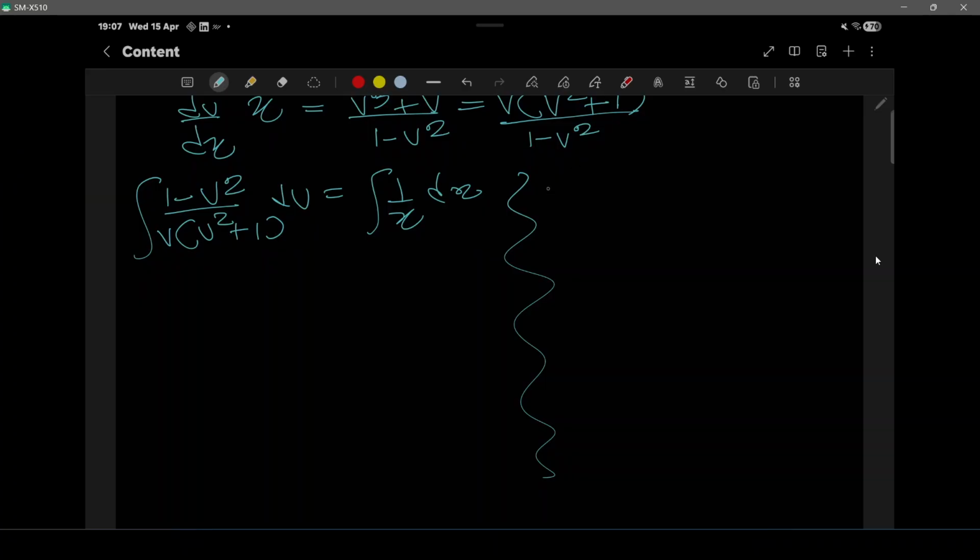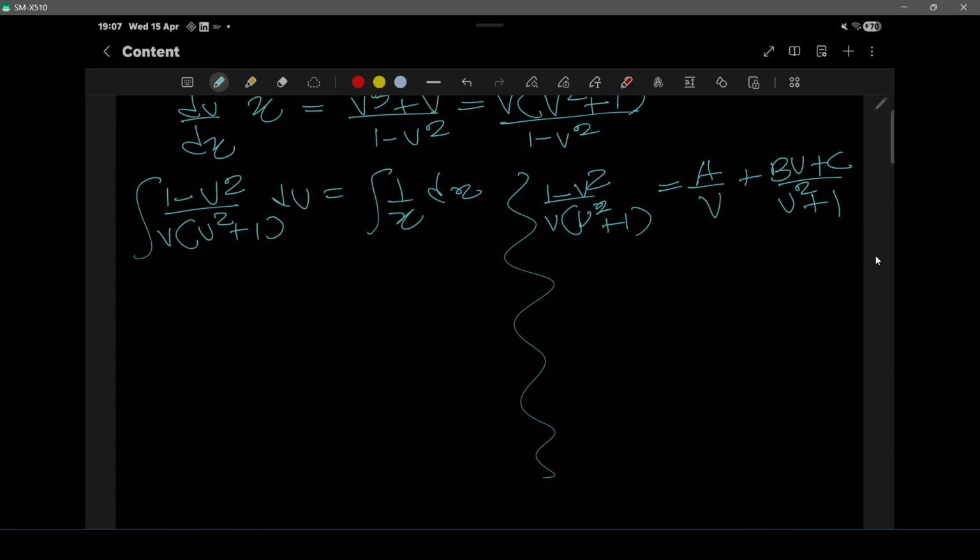So we have 1 minus v squared over v times (v squared plus 1), that will be equal to a over v plus (bv plus c) over (v squared plus 1). So I guess you know how to do partial fractions.